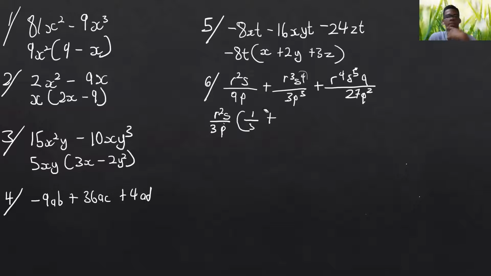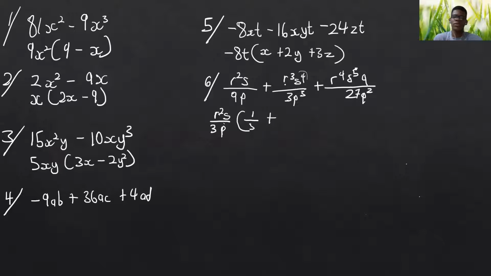So we have to divide the two. Again, divide numerator by numerator. So r squared divided by r cubed, let me say cube instead of to the third power, r cubed s to the fourth divided by r square s. Again, all this is laws of indices, which we will cover a bit later.